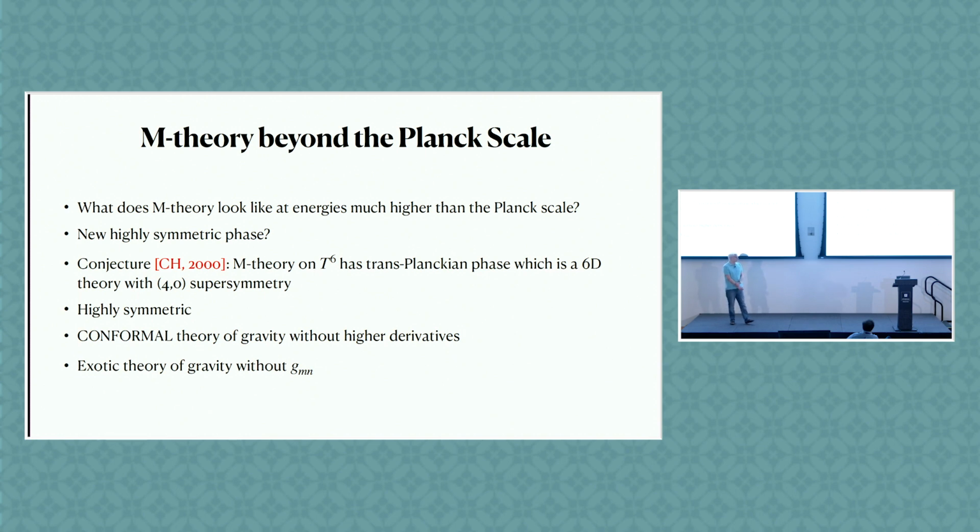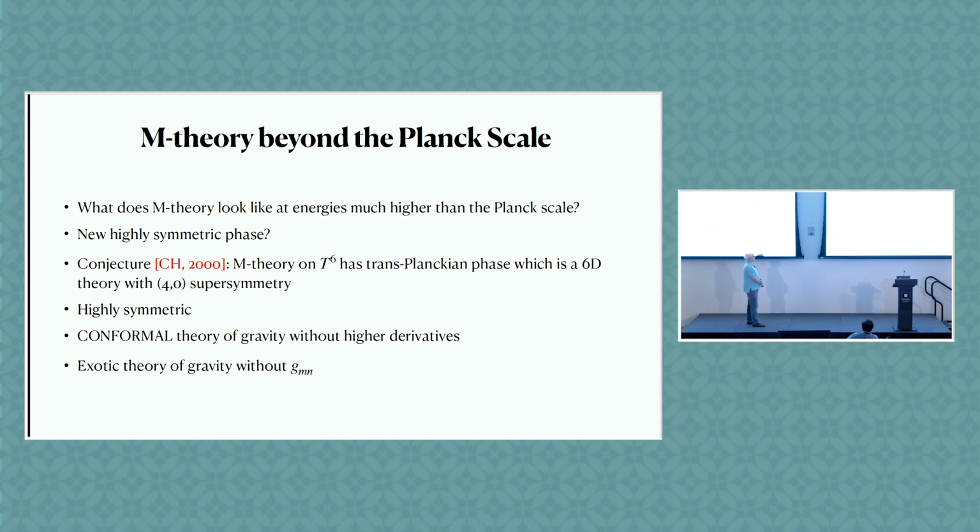It's long been conjectured that at ultra high energies there could be a much more symmetric phase of M theory or string theory, and there might be some sort of phase transition to a stringy phase. Recently there's been some very interesting progress in that direction, for example in three-dimensional anti-de Sitter space, where such a stringy phase has been proven to exist.